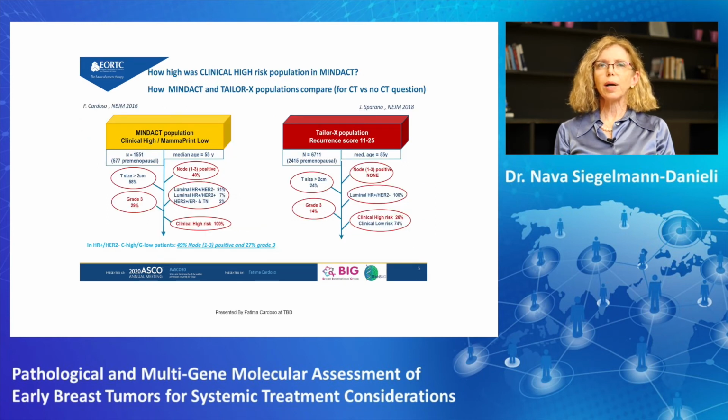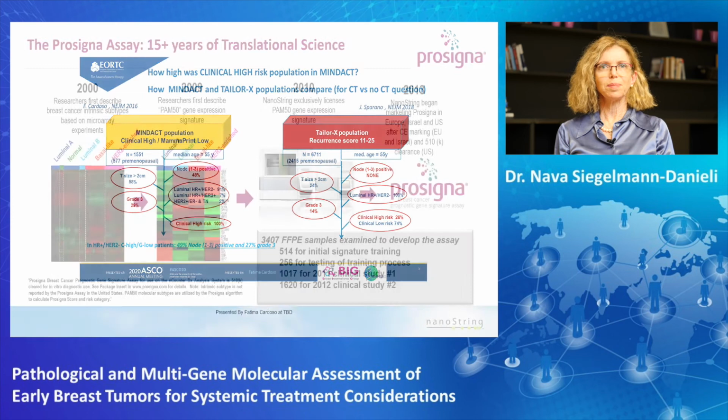And here they try to compare the two studies. So they show that in the TAILORx population, most of the patients were in the favorable group, and only 26% belonged to clinically high risk, whereas in the MINDACT study, all the patients were clinically high risk. But other than that, we cannot compare the studies.